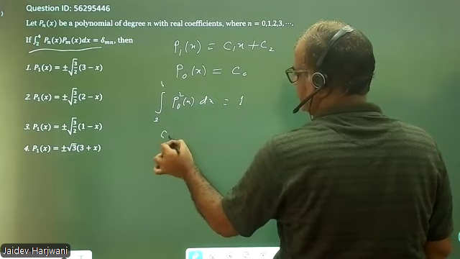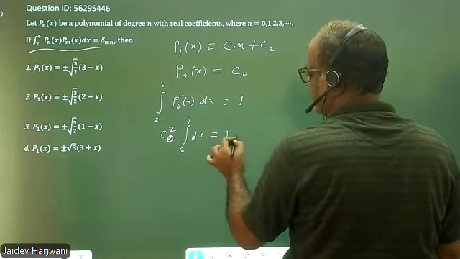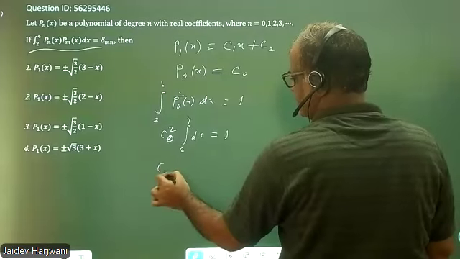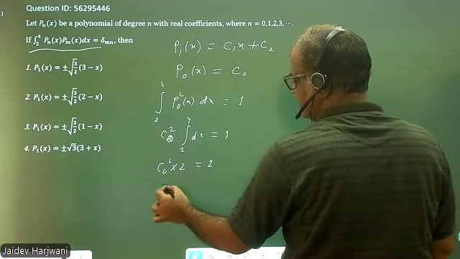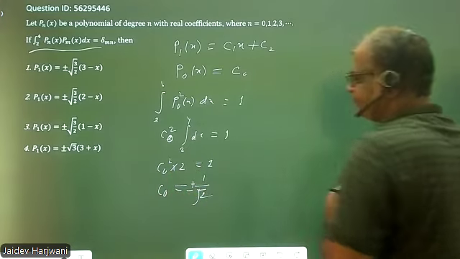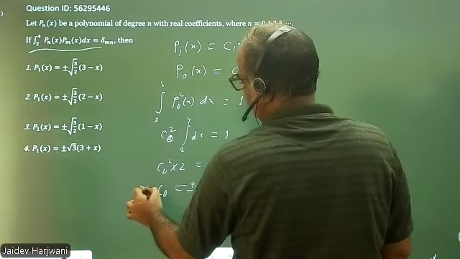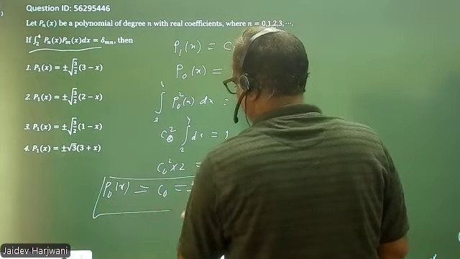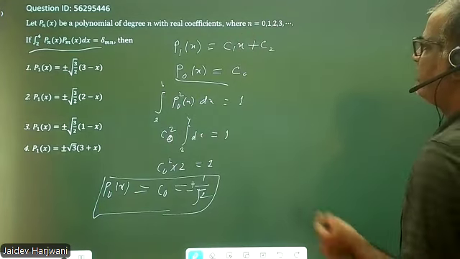So this gives me C0 squared times the integral from 2 to 4 of dx equals 1. And now this gives me C0 squared times (4 minus 2) equals 1. So my C0 becomes plus or minus 1 by root 2. So we got the value of C0, and C0 is equal to 1 by root 2, that is P0(x).